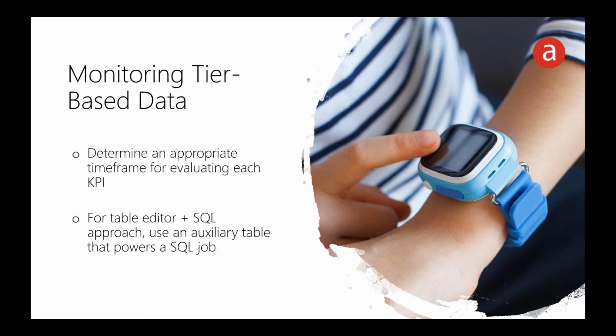Just click the button and say, I want to check this immediately. But then, of course, you can set up a scheduled item. Table editor approach is going to be set up through SQL jobs, so it's going to be auxiliarily powered. And so that's how you're going to be able to monitor stuff at different time sequences for each one.